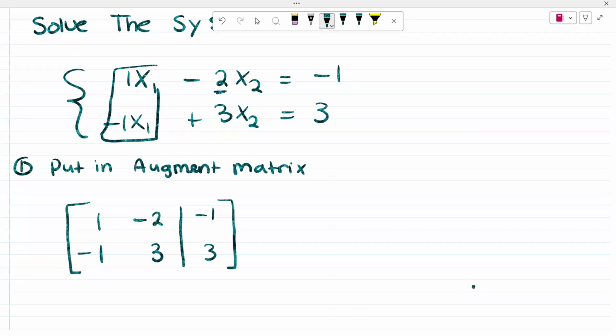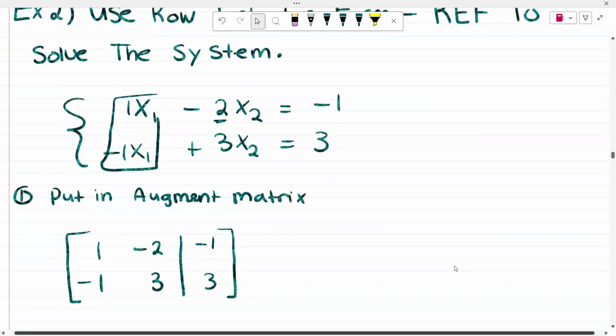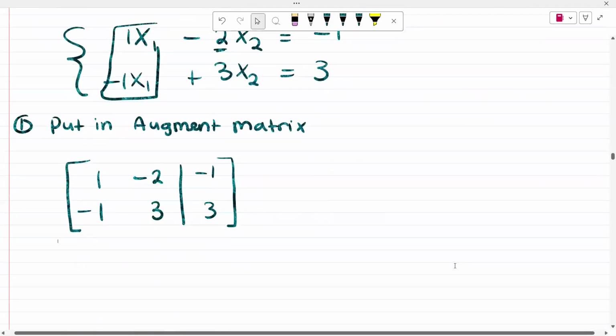Okay, so we put it in an augmented matrix, and if we're going to use row echelon form, our goal is to make it look like this. 1, 0, and then 1 here, and then a number there, and a number.